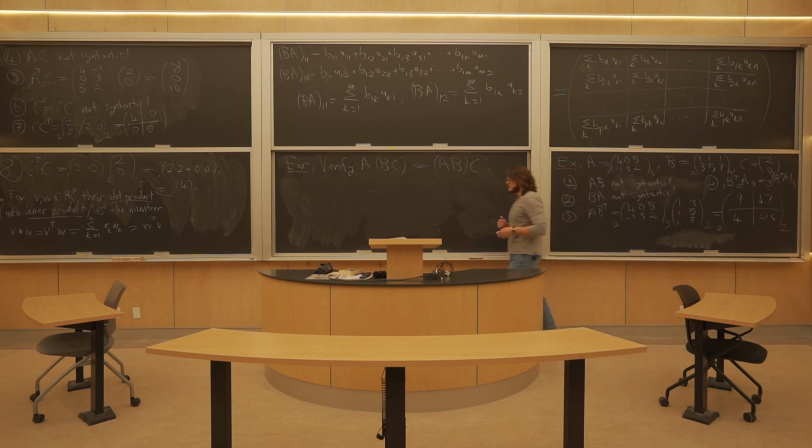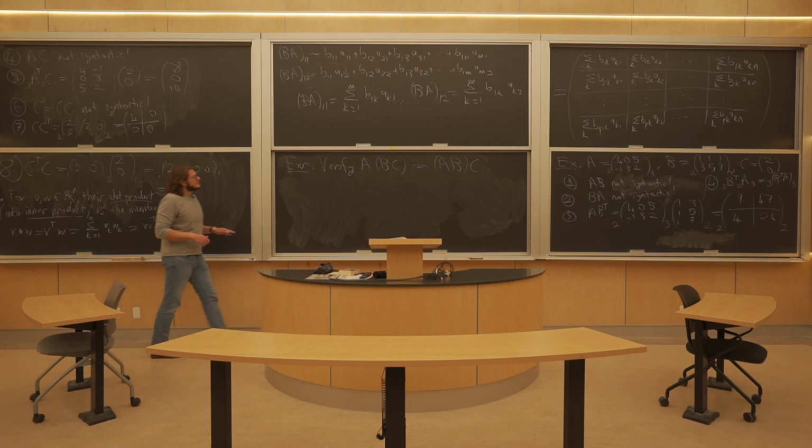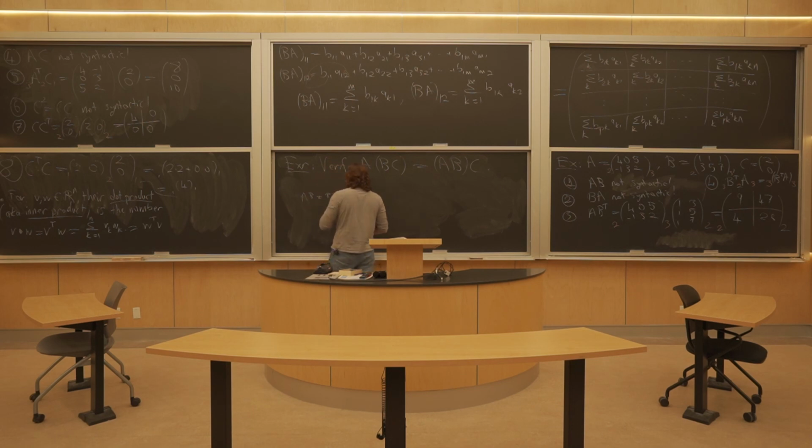So this is something that we're familiar with, standard number multiplication. It turns out that for matrices too, even though AB is not necessarily equal to BA, generally speaking, this does hold. Okay?